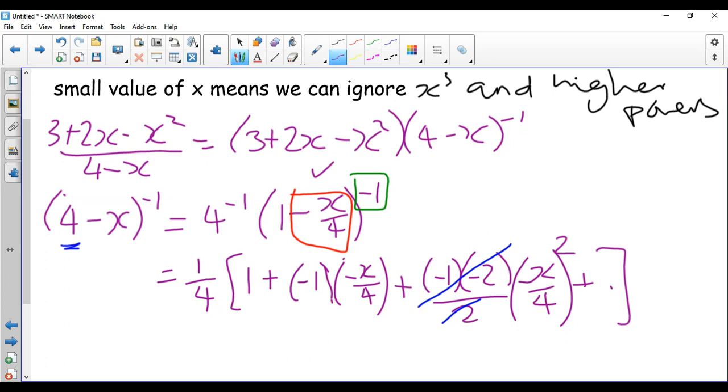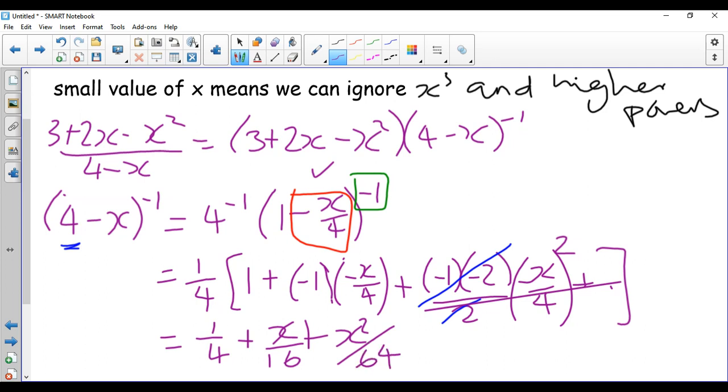I have got a quarter plus, because 2 minuses make a plus, x over 16 plus x squared over 64.